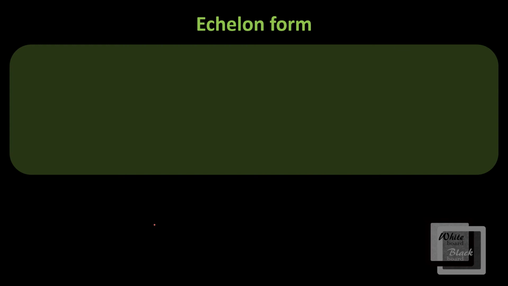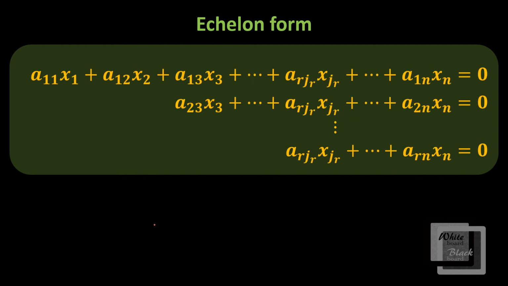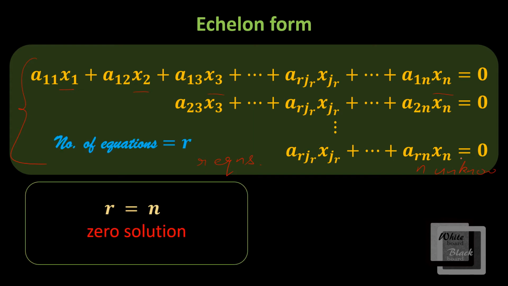If I write a system of linear equations in echelon form, here you can see there are a total of n unknowns x1, x2, x3, and when I write the system in echelon form I will get r equations. So here we have r equations and we have n unknowns. As we have discussed in our previous examples, what happens when the number of unknowns equals the number of equations, and what happens when the number of equations is less than the number of unknowns, we have two cases.